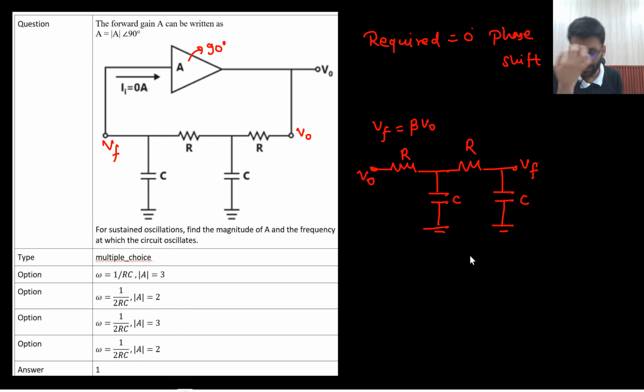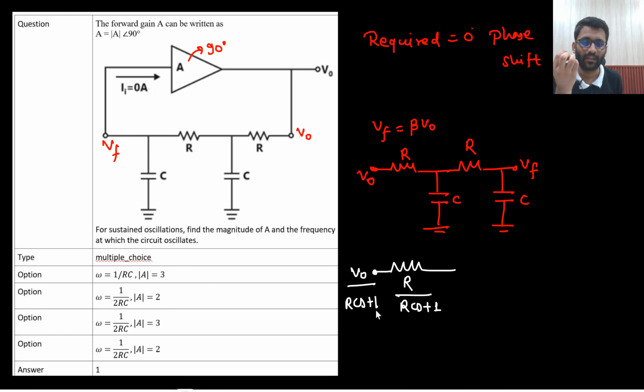So R parallel with 1 by Cs. What I can do, I will replace this with Thevenin. R parallel with 1 by Cs is R upon RCs plus 1, and my Thevenin voltage would be V naught upon RCs plus 1, right?